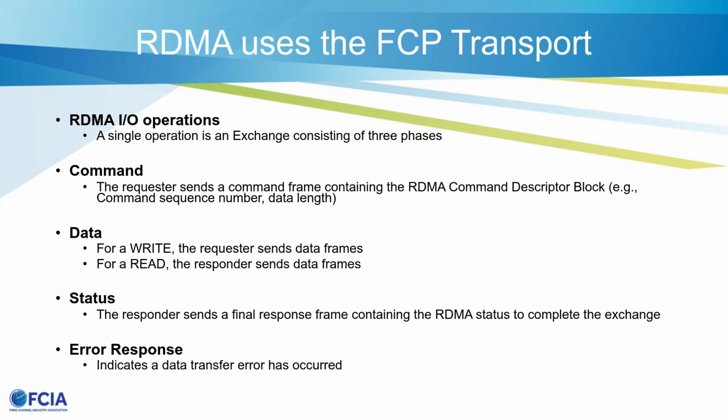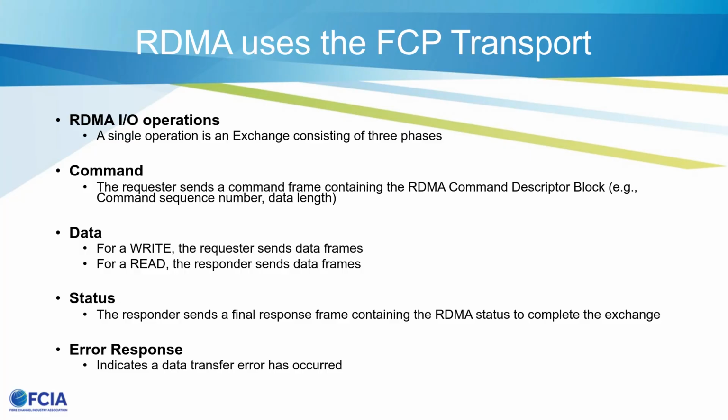The way RDMA uses the Fibre Channel transport is exactly the same way that NVMe uses the Fibre Channel transport. Operations are done within an exchange. It has the same 3 phases. The command phase, we have an RDMA command descriptor block. We're kind of starting to see a pattern here with regard to the reuse characteristics of that fast path data engine.